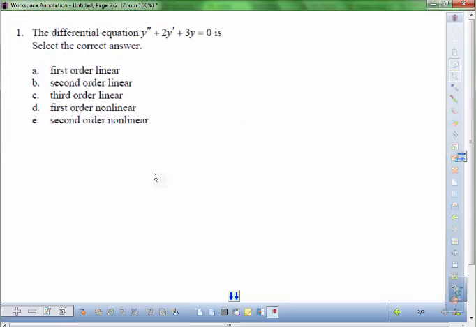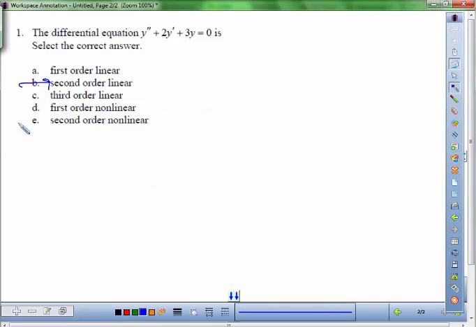So problem number 1, the differential equation y double prime plus 2y prime plus 3y is equal to 0, what order is it? It's second order. So we got two choices. Is it linear or nonlinear? It's linear, so your choice is second order linear.